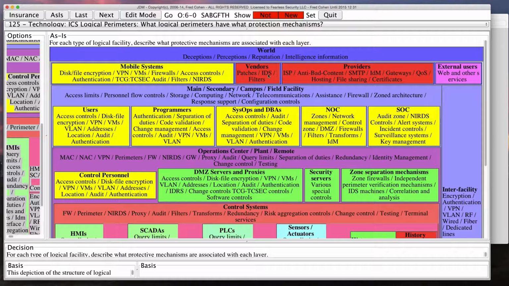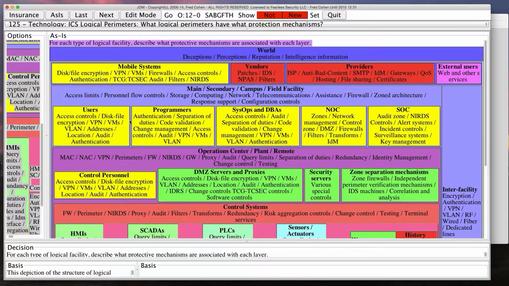If you have something else that you do that we hadn't anticipated, for example, a vendor for, I don't know what it might be, but we'll call it NPAS. We'll just make something up. You have a vendor for NPAS, we put that in there. So we modify the diagram to meet the particulars of your situation.